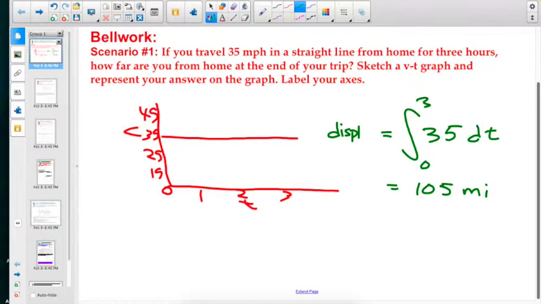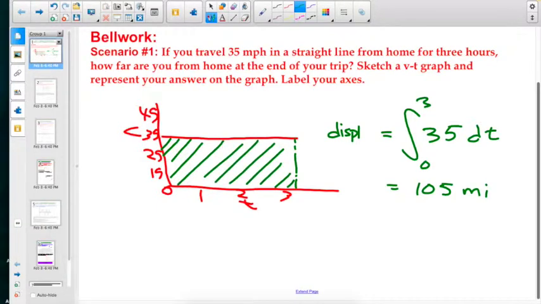Okay, when we talk about, and somebody already said it, they said that represents the area under this function. Okay, because we end up getting 35 times 3 minus 35 times 0.